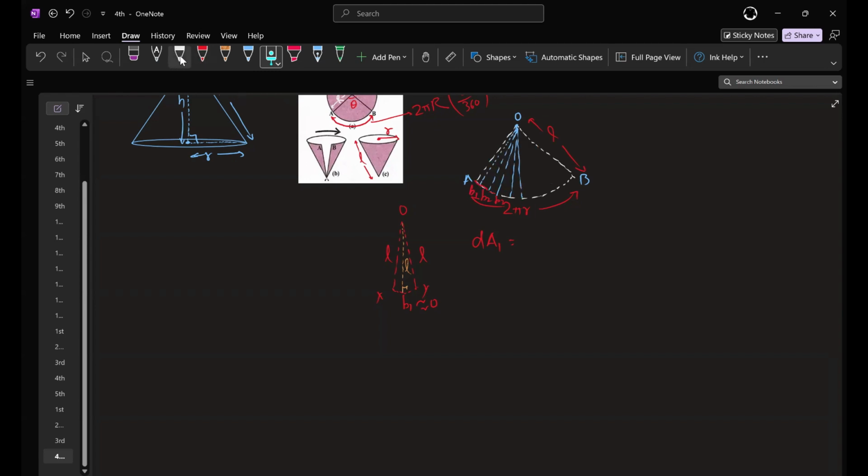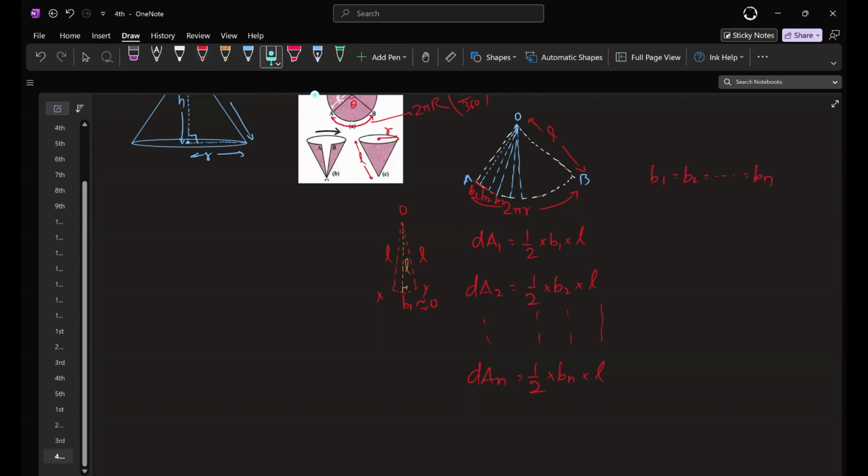So dA1 would be equal to, what is the area of an isosceles triangle? Half into base. Base is B1 into height. Height is L. Similarly, dA2 would be equal to half into B2 into L. And similarly it will go until dAn is equal to half into Bn into L, such that B1 is equal to B2 is equal to up until Bn.